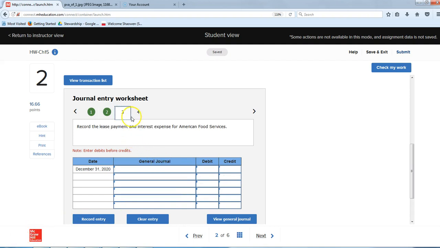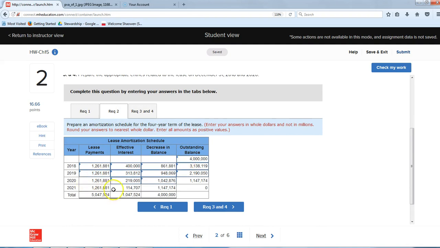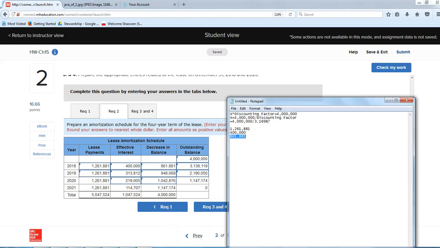And then the third journal entry says, record the lease payment and interest expense for the lessee at the end of 2020. I need my amortization schedule to do the journal entry. So for 2020, payment, interest, and lease payable. Interest at the end of 2020 is 219,005.